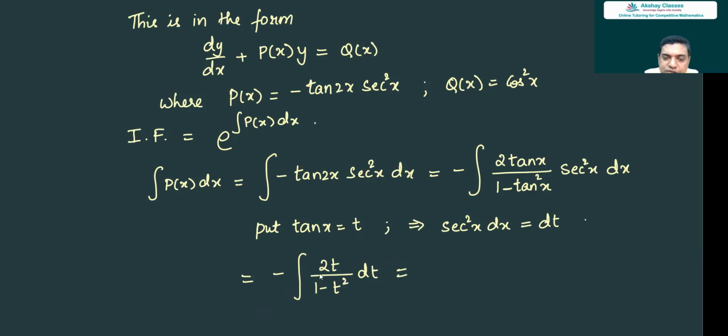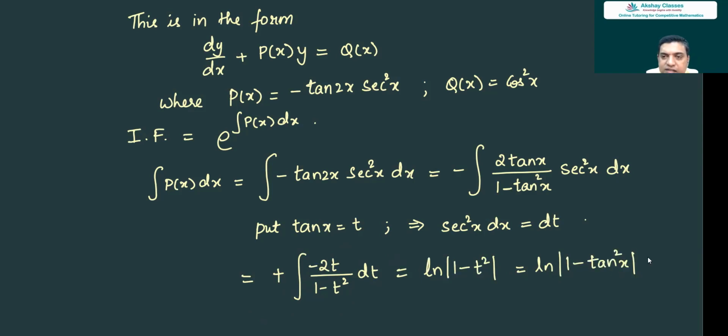Taking this minus sign inside, what we get is the numerator is the derivative of the denominator. This is f dash t upon f of t, which will be log mod 1 minus t square, which is log mod 1 minus tan square x.